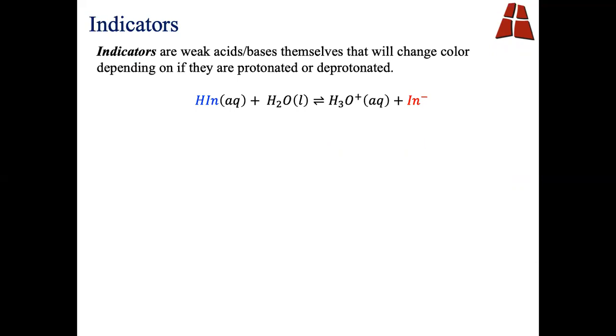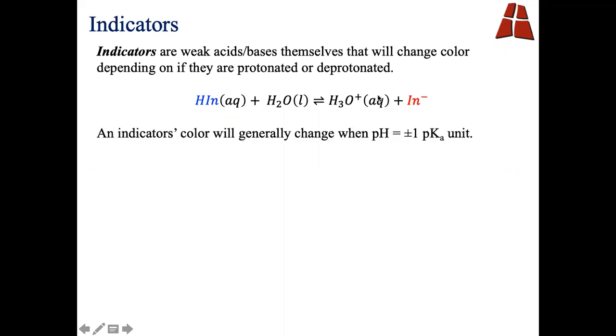To talk a little bit more about indicators, the one we used in the lab last week was called phenolphthalein, which at more acidic pHs does not have any color, and then upon becoming basic would change to a bright pink, right? That dependence is because indicators themselves are weak acids. So in this example here, this indicator in its protonated form has a blue color, whereas once it's deprotonated, in its basic form it would have a red color, okay?